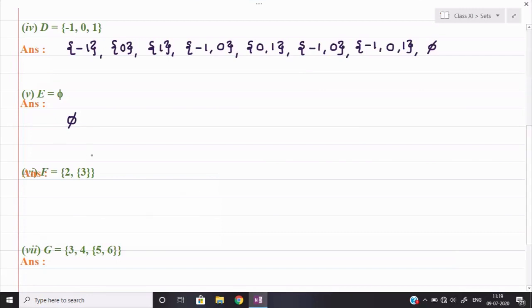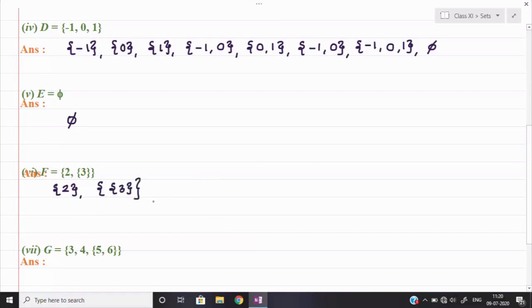Similarly, let us see the next one: {2, {3}}. Remember {3} in curly brackets is one of the elements. So here my subsets will be: first one is {2}, then if I write down {3}, remember inside the curly bracket I will write down curly bracket 3.